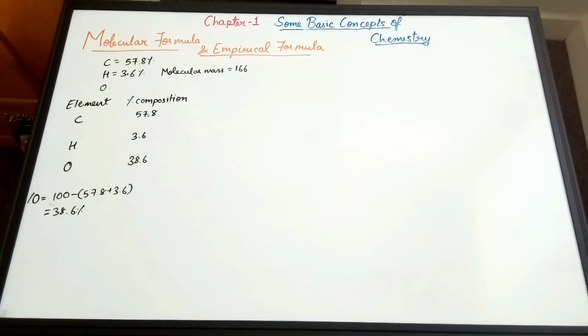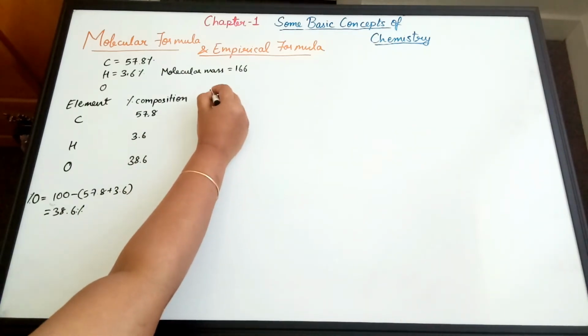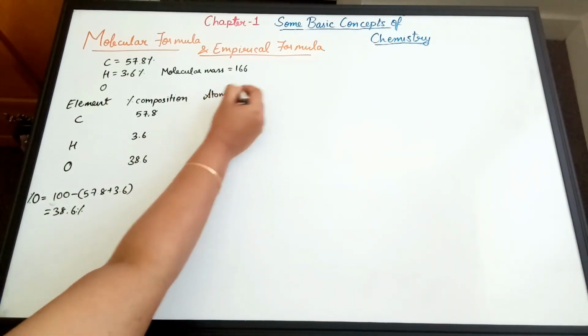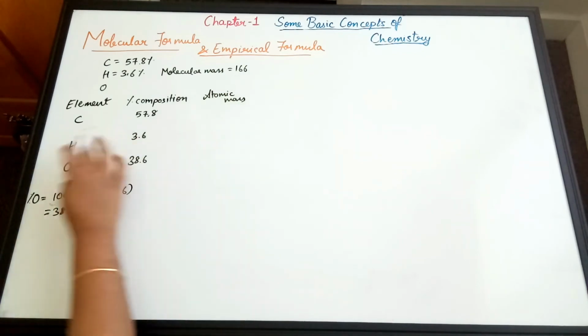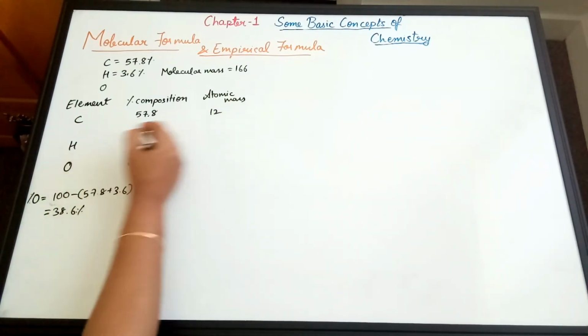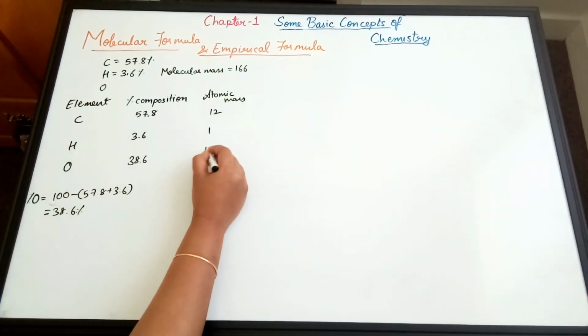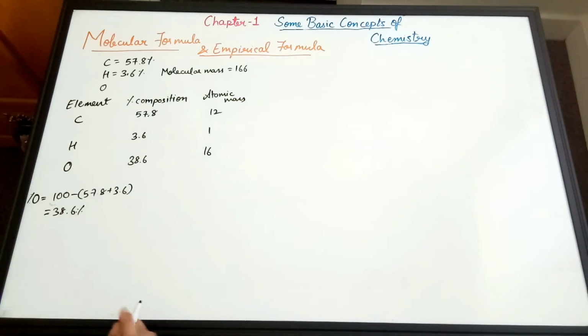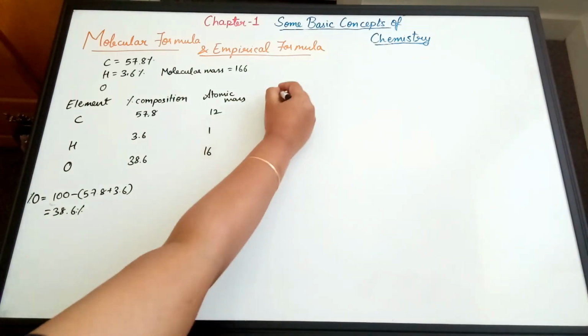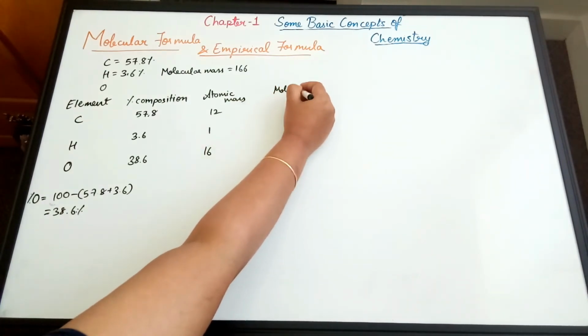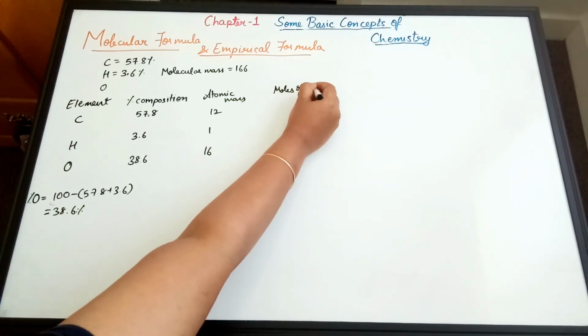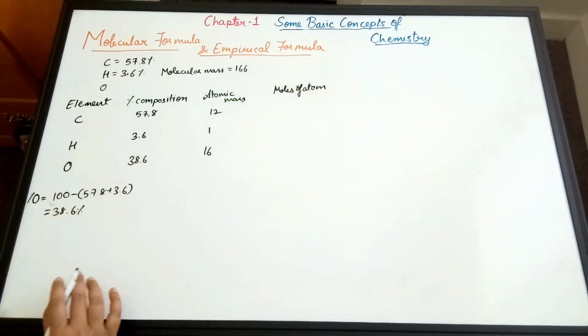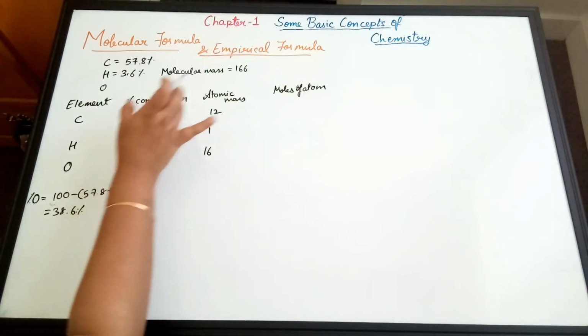Now the first step is for us to write down the atomic masses. Atomic mass of carbon is 12, of hydrogen is 1, of oxygen is 16. Next, we need to calculate the moles of the atoms. That is done simply by dividing each percentage by its atomic mass.